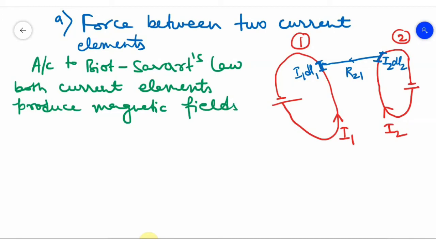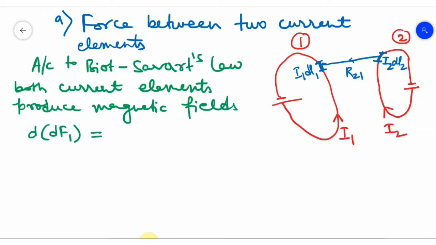So the force d of F1, what is d of F1? This is the force on element I1 dl1 due to the field dB2 produced by the element I2 dl2.